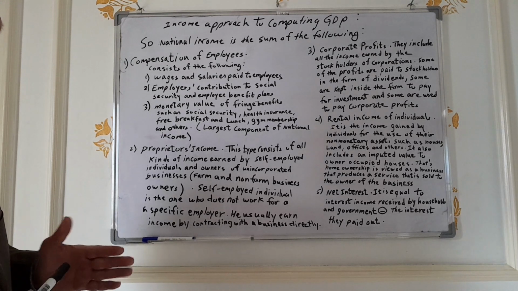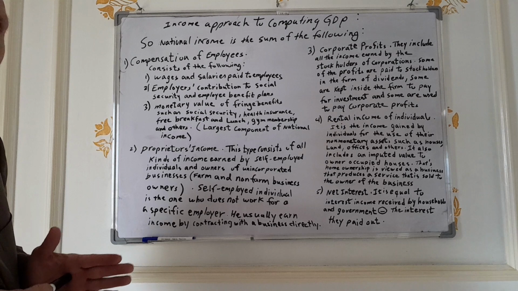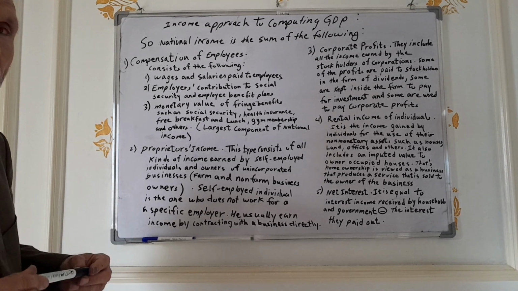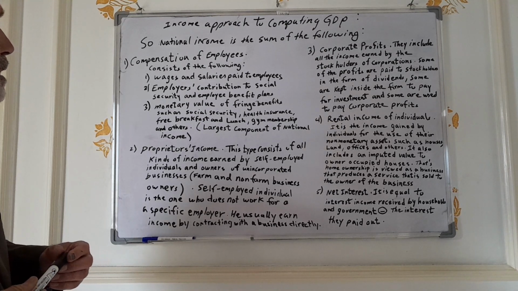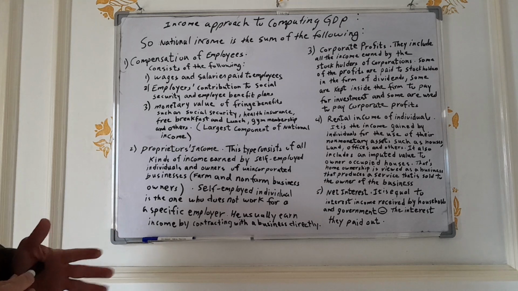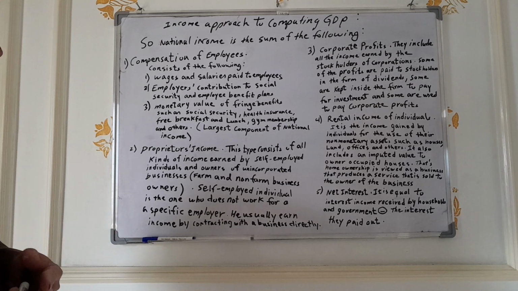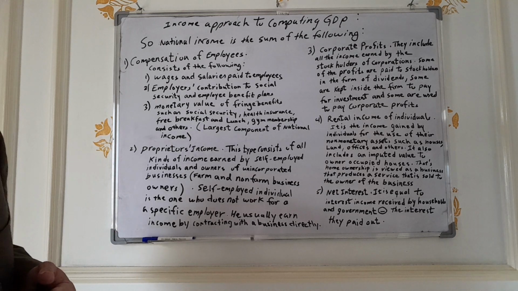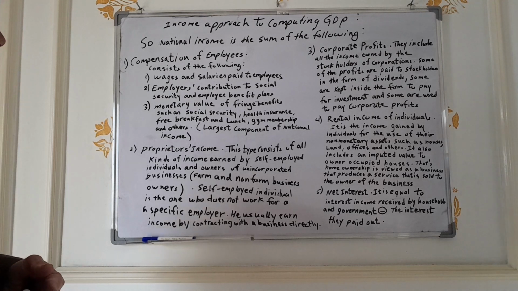So anything that the employers contribute to Social Security is part of the compensation of employees. The third part of compensation of employees is the monetary value of fringe benefits.